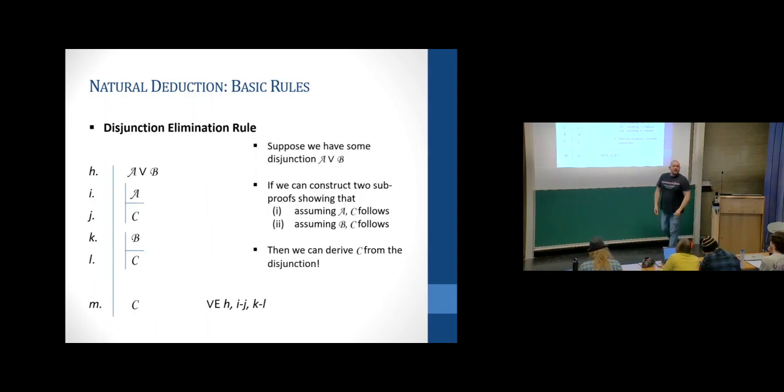So here's our disjunction elimination. It is hideous. Let's talk through it. If you have a disjunction on your proof line, and then you can build two subproofs, one of which goes through one disjunct and gets to a destination, and the other that goes through the other disjunct and gets to a destination, then you know that destination follows from the disjunction no matter what.